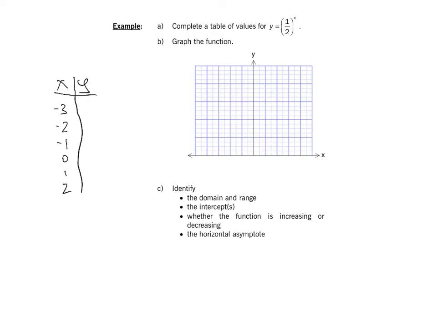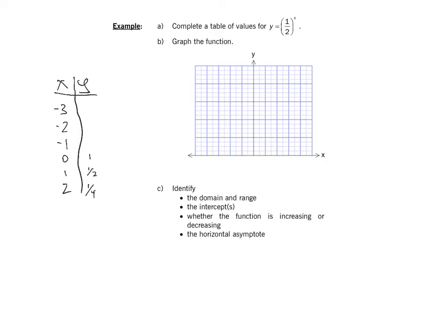The reason we're doing this is because our base, our c value, is a number between 0 and 1. Anything to the exponent 0 is 1. If you have a half to the exponent 1, you get a half. If you square a half, you get a quarter, and that'll be here.